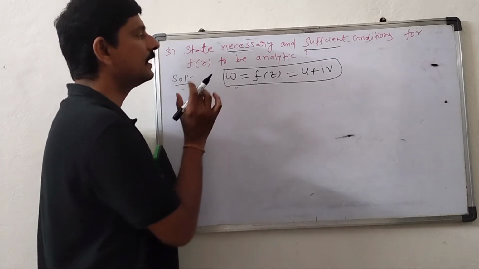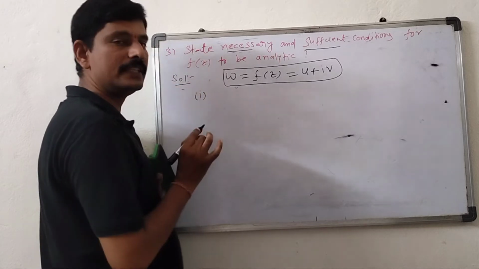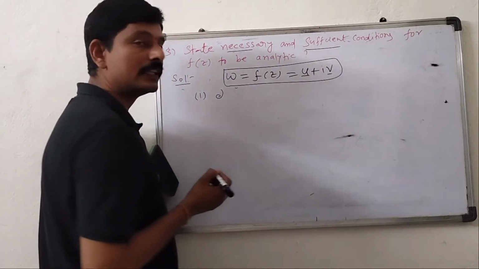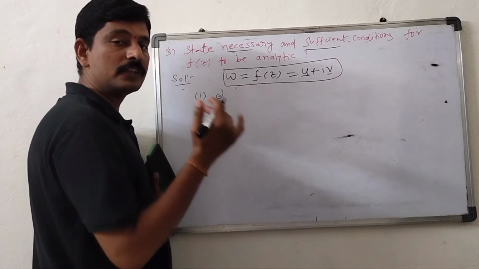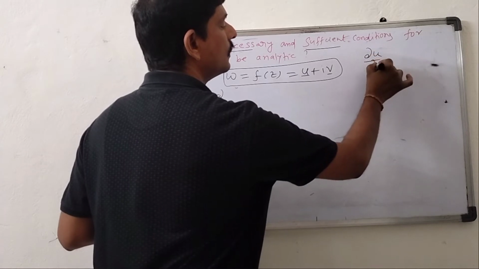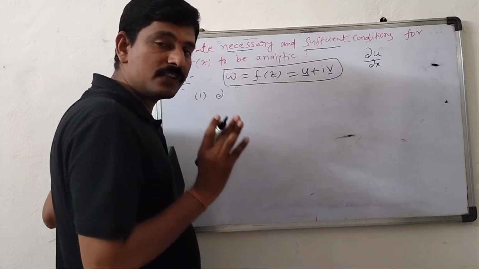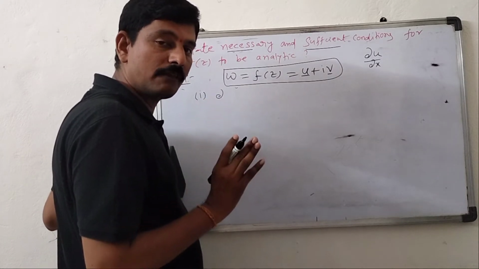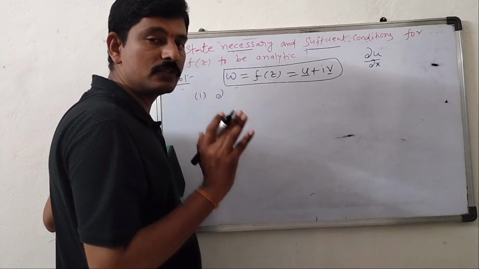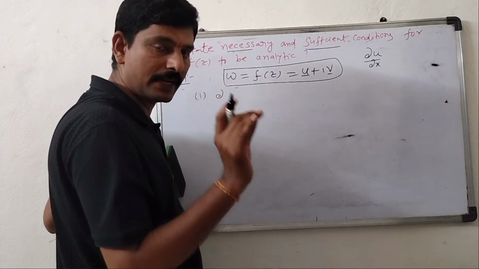The necessary and sufficient conditions for this function to be analytic are: first, the first order partial derivatives of u and v exist. What are first order partial derivatives? As you already know from lower classes, they are denoted dou by dou x. If we differentiate with respect to one variable, the other variable is treated as constant. In partial derivatives there must be two independent variables and one dependent variable.